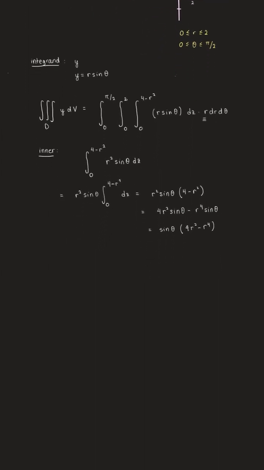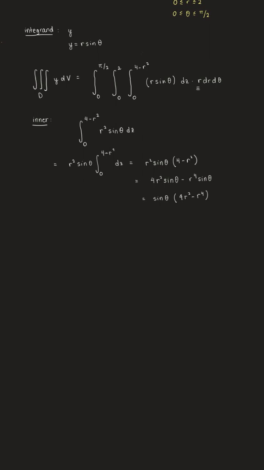All right, let's go on to our middle integral. Our middle integral is in terms of r. So we have the integral from 0 to 2. I'm going to pull out the constant of sine theta, since we're holding theta constant. And we have in the integrand 4r squared minus r to the 4th dr.